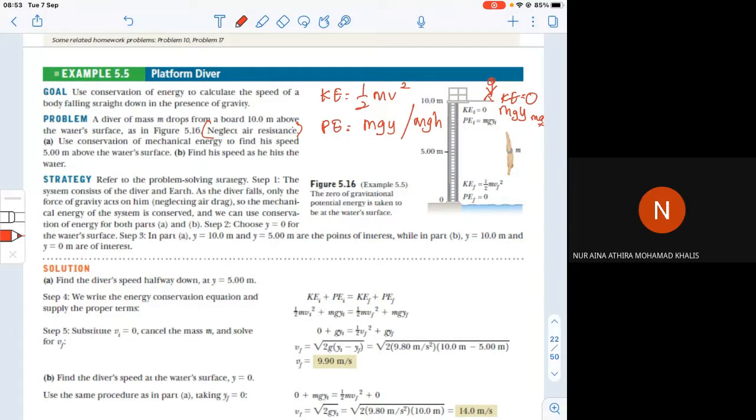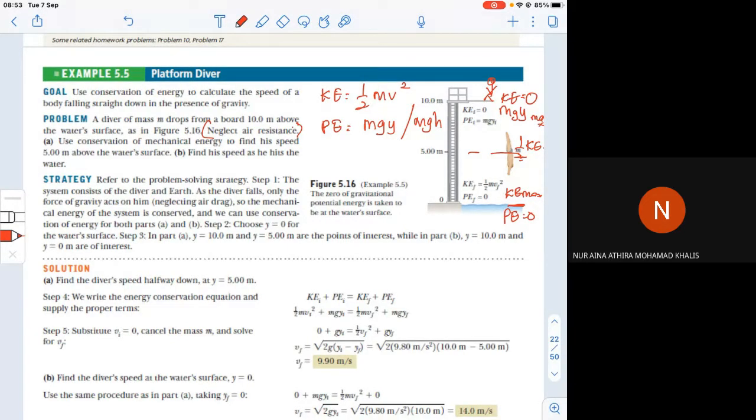And at the point halfway, the kinetic energy becomes half of the maximum energy, and the potential energy is decreasing to half value. And when he reaches the lowest point, this is where you get the kinetic energy maximum, where potential energy is 0.